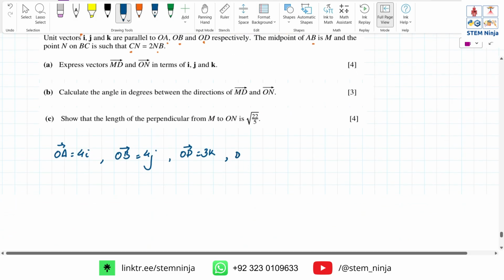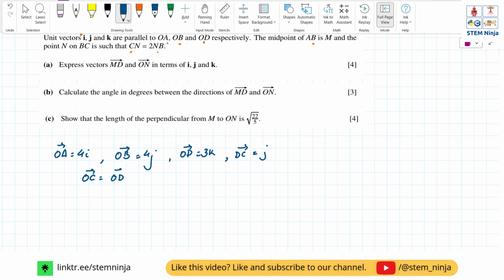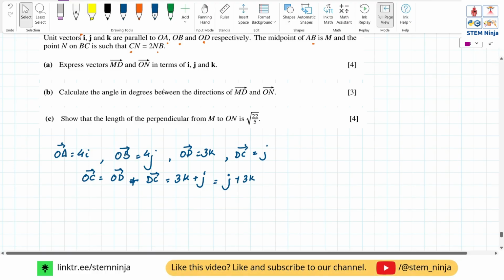So DC is simply just J. So we can go to OC by first going to OD, plus DC. OD is 3K and then DC is J. So basically J plus 3K. All right, we have got OC now.